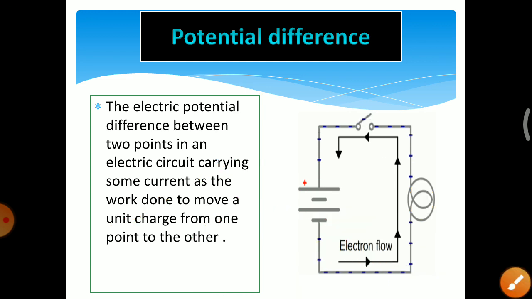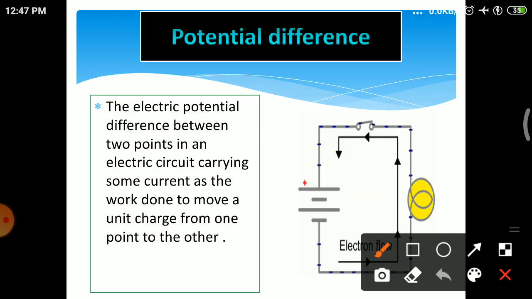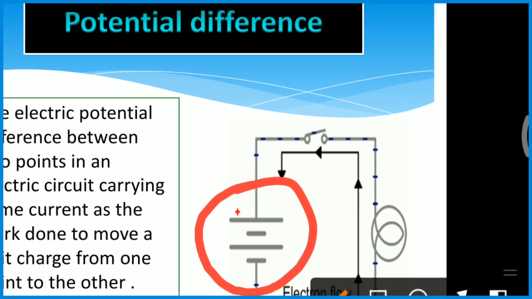So the potential difference between 2 points in an electric circuit carrying some current is the work done to move a unit charge from one point to another point. So when I connected this battery to the circuit, it is used to give a potential difference from work done to move a unit charge from one point to another point.